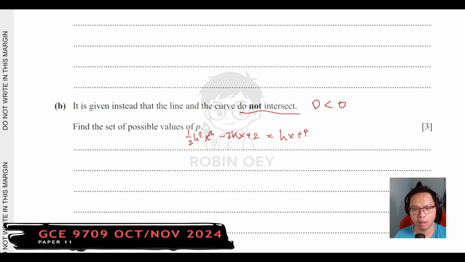Okay, we just simplify first. Half k square x square negative 2kx negative kx plus 2 minus p equals 0.